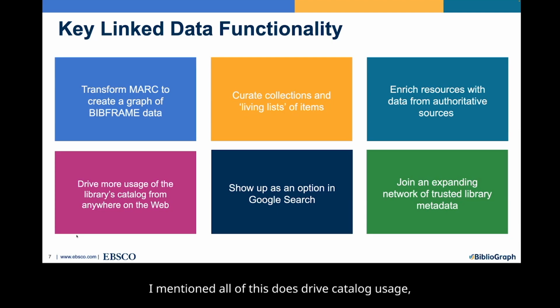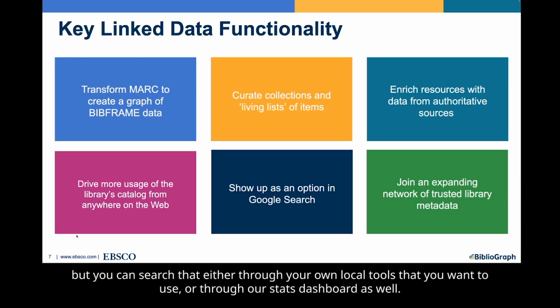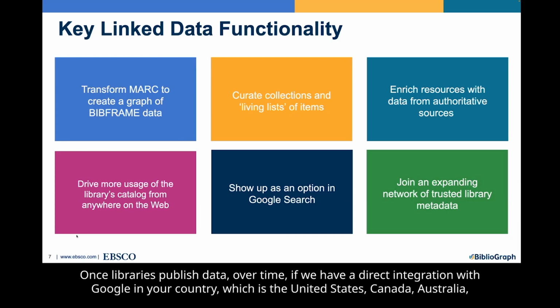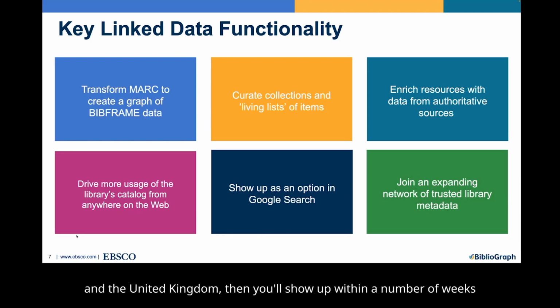I mentioned all of this does drive catalog usage, and you can search that either through your own local tools or through our stats dashboard as well. Once libraries publish data, over time, we have a direct integration with Google in your country, which is the United States, Canada, Australia, and the United Kingdom.